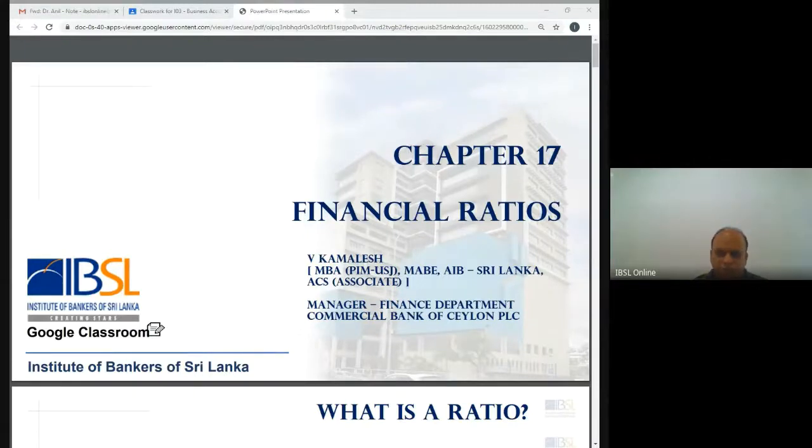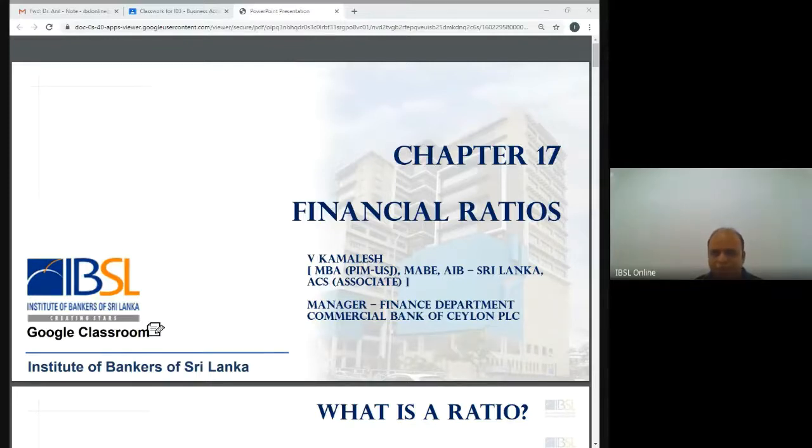You might have learned in your primary education or advanced level education what we mean by two variables. When we say two variables, we always talk about x and y. So x and y could be two variables. But what we are trying to understand here, by the meaning of ratio, is the relationship between these two variables. So you are trying to build up a relationship between x and y.